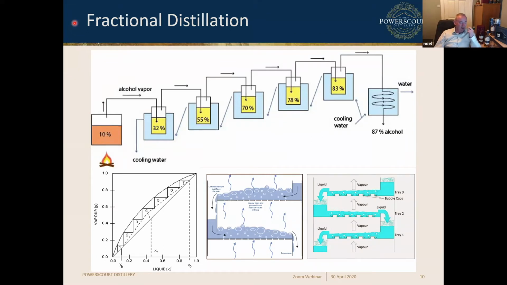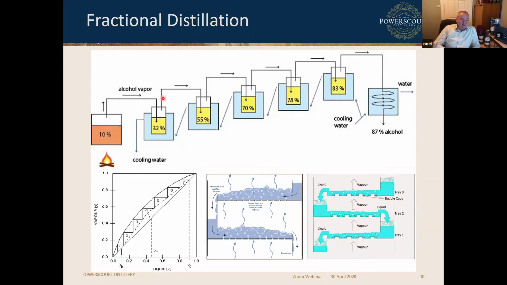But in this example, in the schematic, we're showing an alcohol content of 10% in the vessel on the left. That's heated up, and the vapor goes up along that line and is condensed into another vessel, for example. So having boiled that, the spirit comes across at around 32%, and that could be typical of the strength of the alcohol coming off initially.